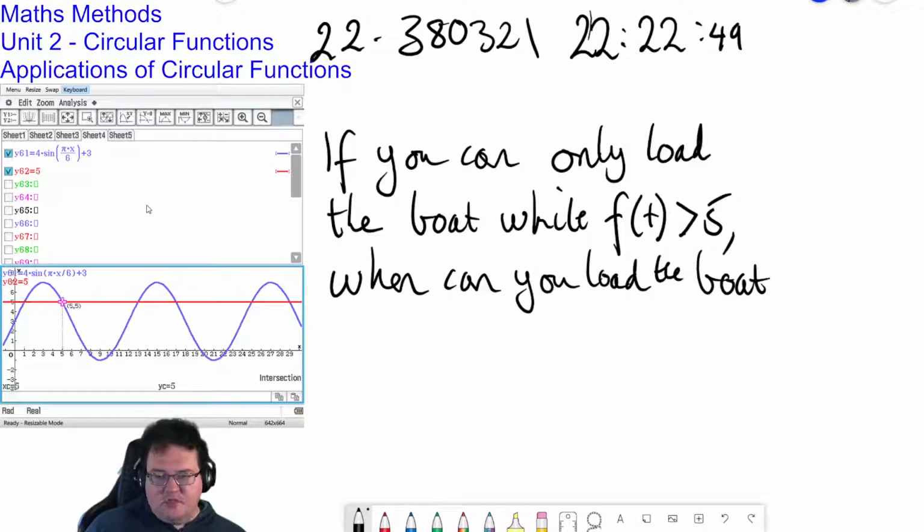It just so happens that because of the way circular functions work, the value that I picked happens to perfectly cancel down and make things exact. For example, what is sine of pi on 6? It's a half. So 4 times a half is 2. 2 plus 3 is 5.